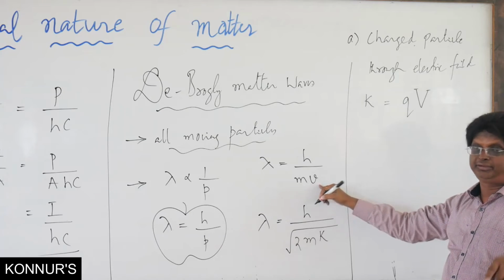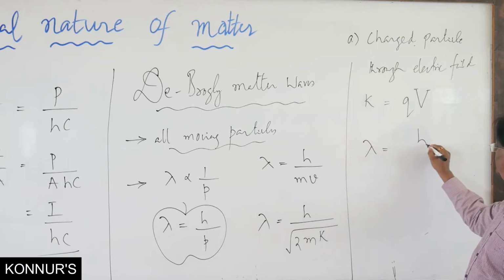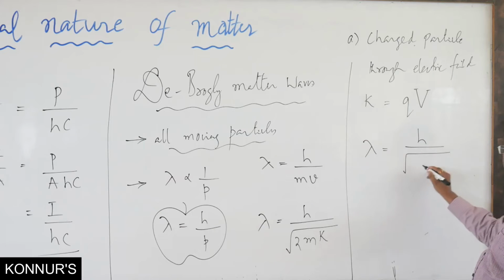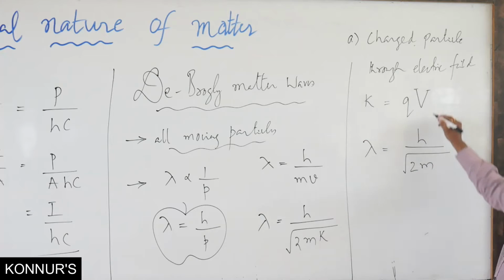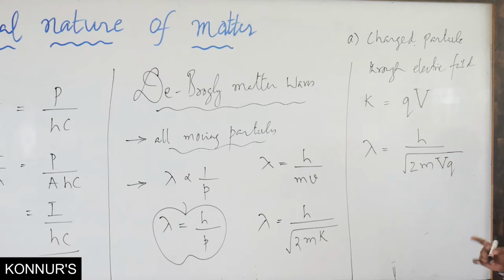Therefore, the expression will be lambda is equal to h upon under root 2m, and in place of K we now write qV, V for potential difference and q for charge. See one more time, LHS and RHS, how you observe the things.